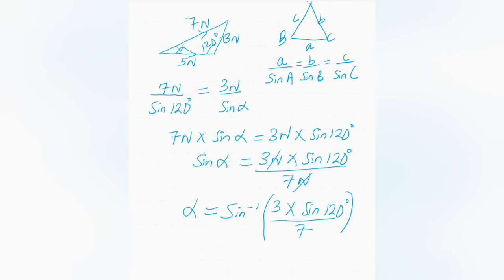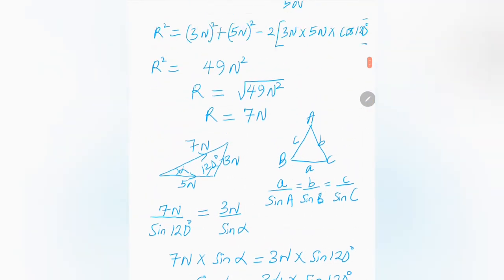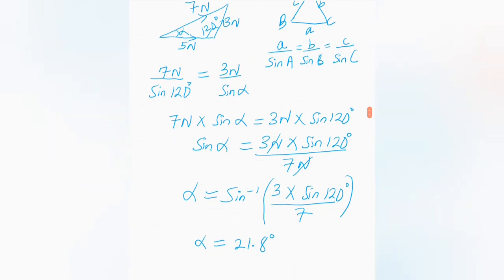If you use the calculator to do what I'm doing, meaning you do 3 sine 120 degrees divided by 7, then shift, second function, depending on your calculator. Some calculators will not have shift, they will have something else, for you to activate the arc sine. Whatever calculator you use, just be convinced that you're going to get alpha is equal to 21.8 degrees. So that is the angle the resultant vector makes with the 5 Newton vector.